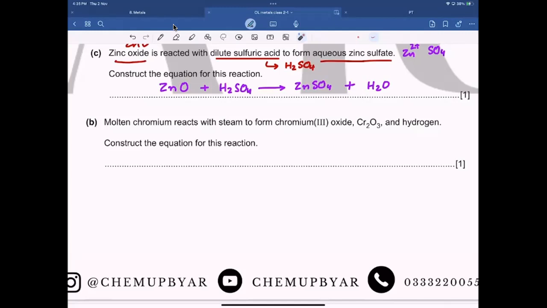What two things are reacting? No, to form chromium oxide, it means chromium oxide is a product. Molten chromium and, no, hydrogen is your product. And steam. So our reactants are molten chromium and steam. Did you make the equation?